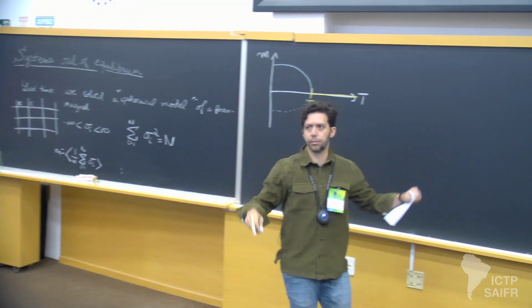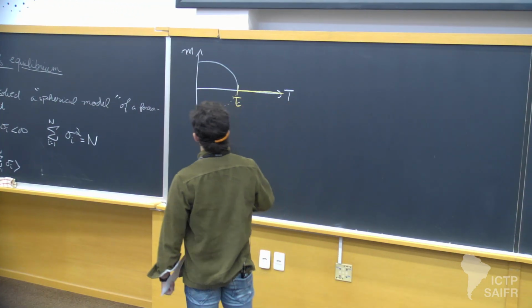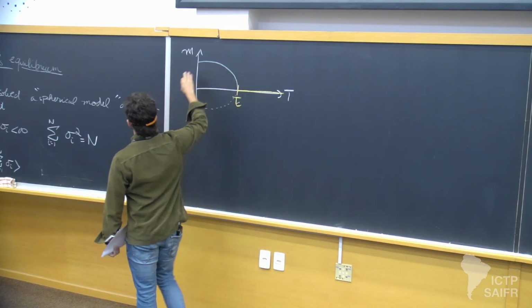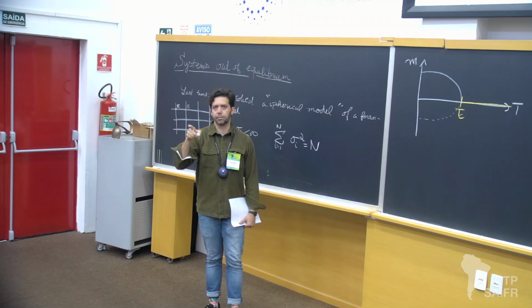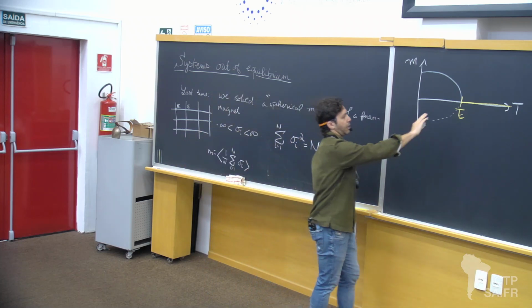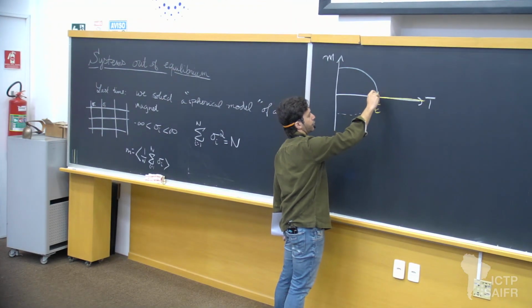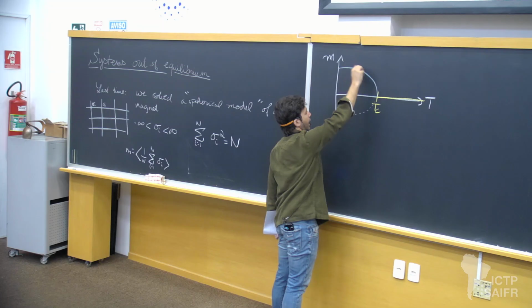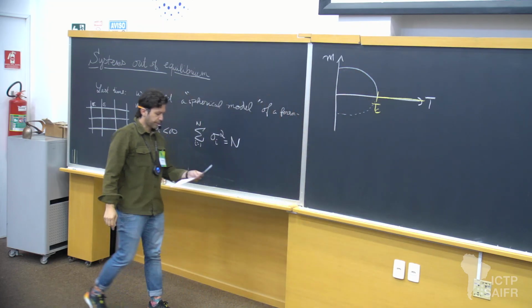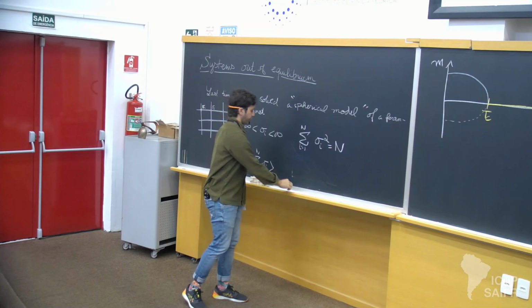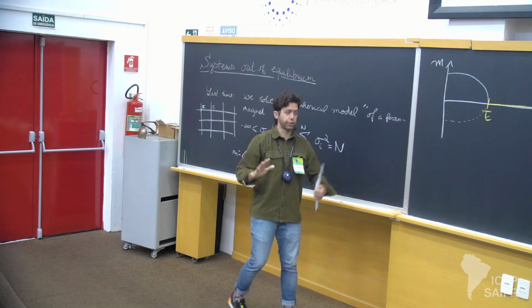Free energy has two minima. And to pick one of these branches, you have to bias the system in some direction first, and then take the bias to 0. Otherwise, it's very difficult for the system to figure out which end state you're going to be in, either this branch or this branch.